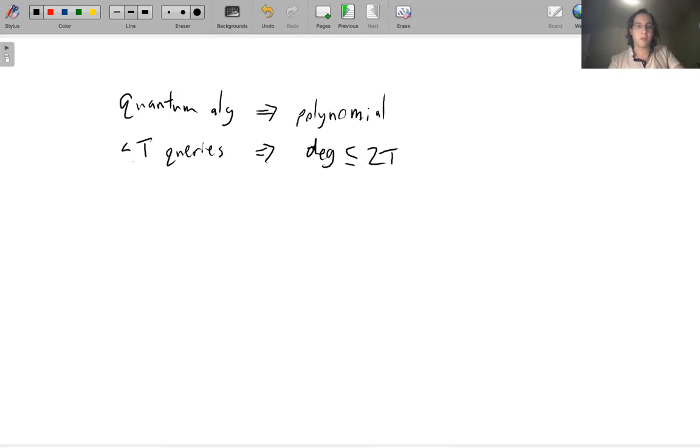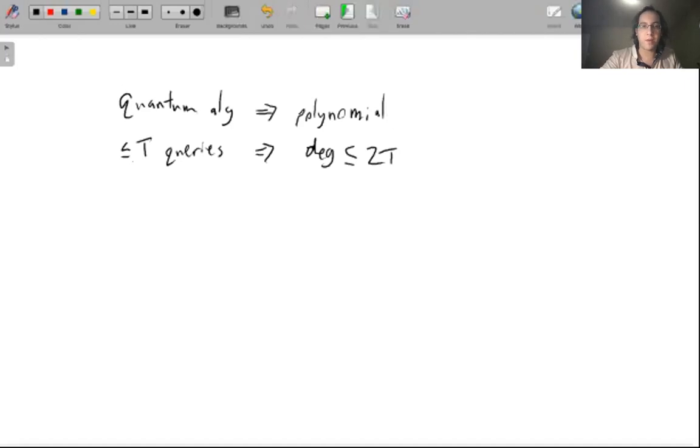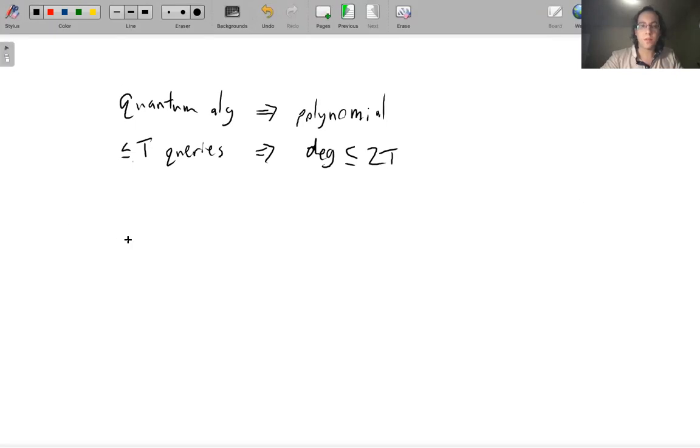Not every polynomial converts back into a quantum algorithm with the same acceptance probability, right? So the backwards conversion doesn't necessarily work.